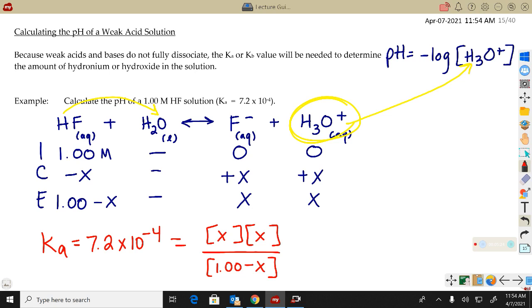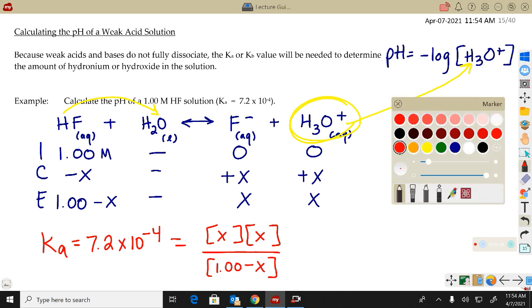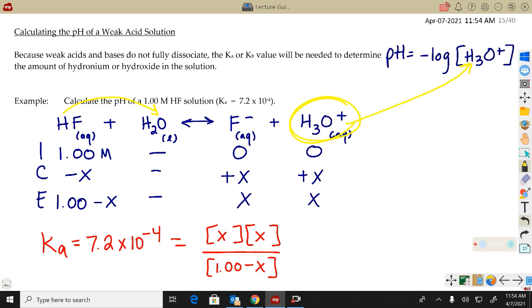It might be fun, but I don't know if I really want to spend my time on that. Back in the day, we mentioned that there's this shortcut called the 5% rule. At the time, we didn't really use it much because it really only applies when you have a small equilibrium constant, which we do with weak acids and bases. It's one of the best times to use this 5% rule shortcut.